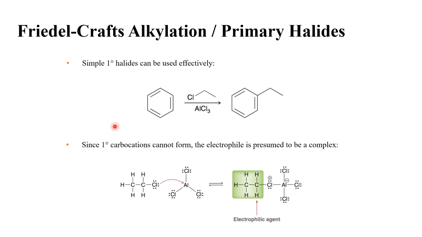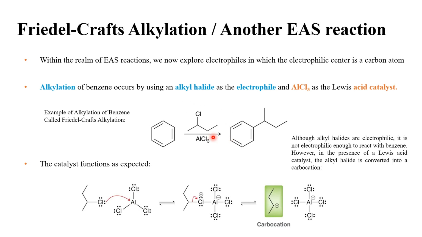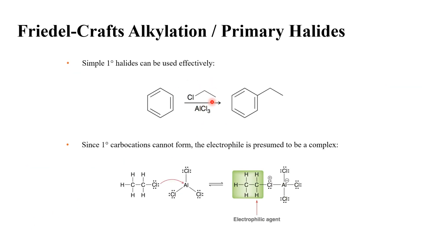Just to make a note, this can also happen with primary halides. Notice that the carbocation we formed before was a secondary carbocation. Instead of a secondary alkyl halide, you can get this to happen with a primary alkyl halide.